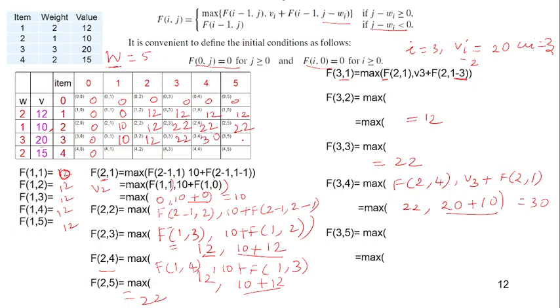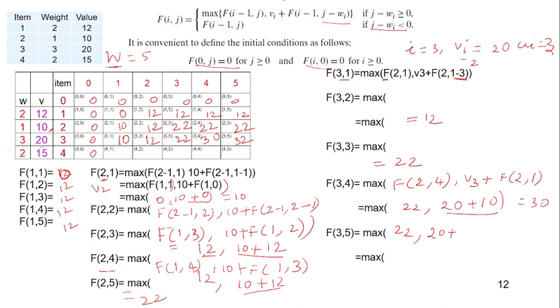And here you will have 32. How is 32 the value? The maximum of 22, comma, V3 value 20 plus, the weight is 5, this weight is 3, 5 minus 3, 2.